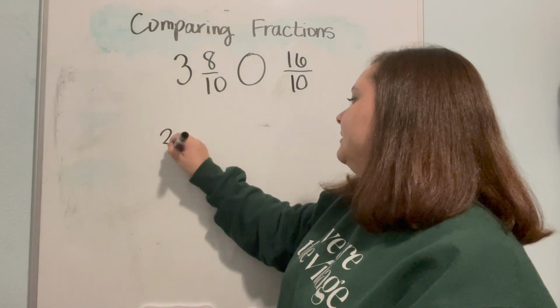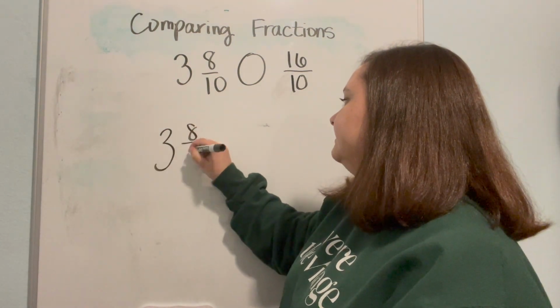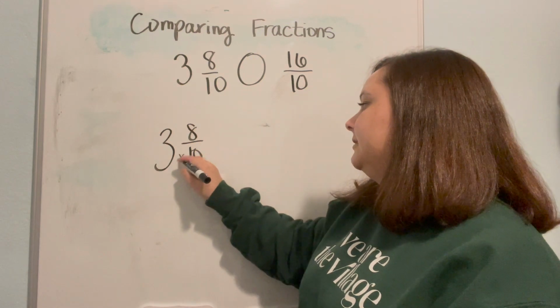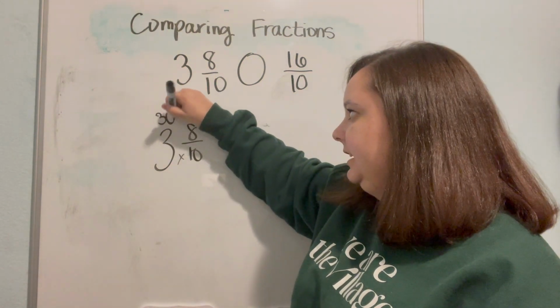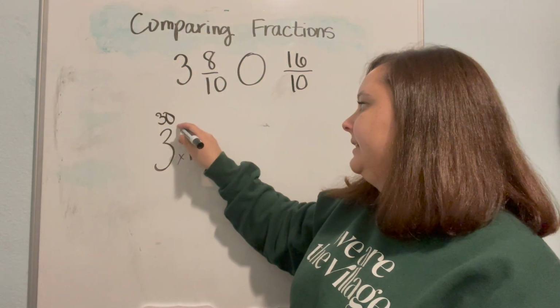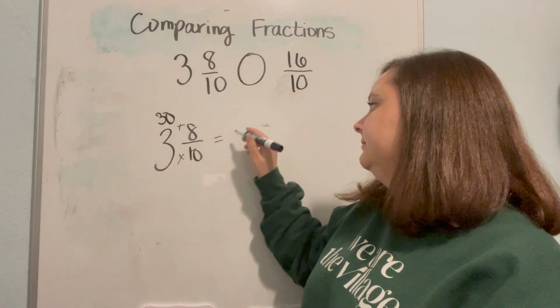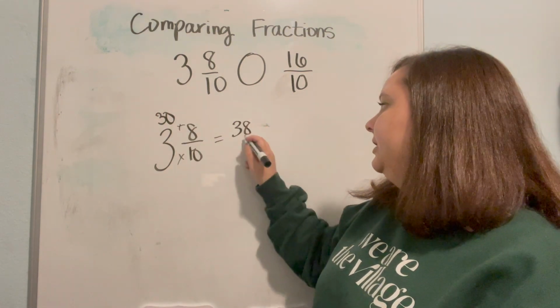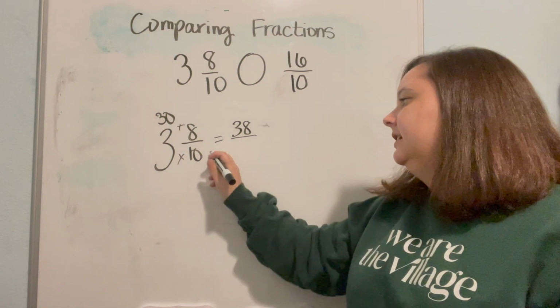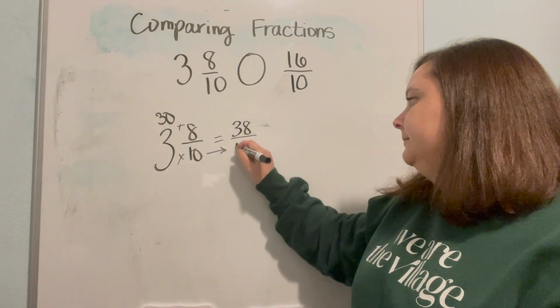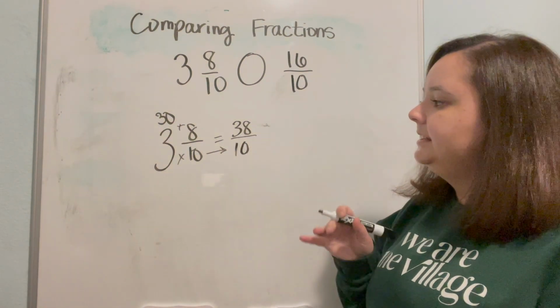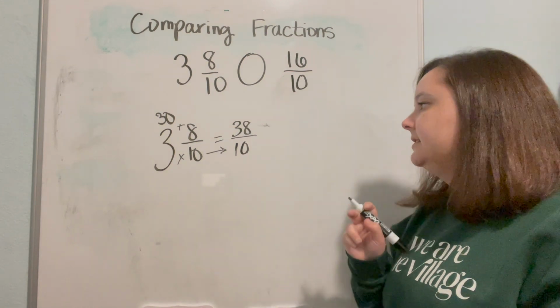So we're going to start with 3 8/10. We multiply 3 times 10, which will give us 30. And we're going to add our 8. So our new numerator is 38, and our denominator stays the same. So 3 8/10 is equal to 38/10.